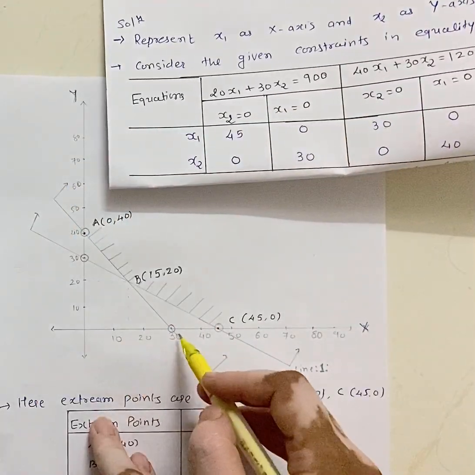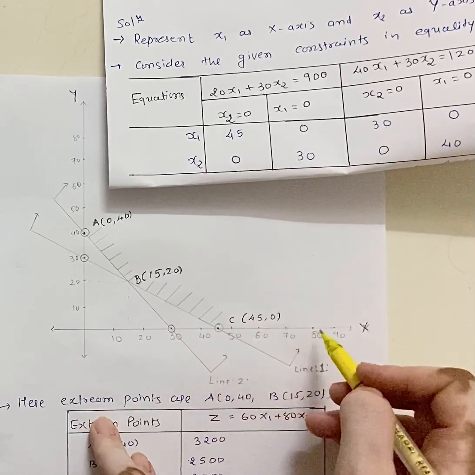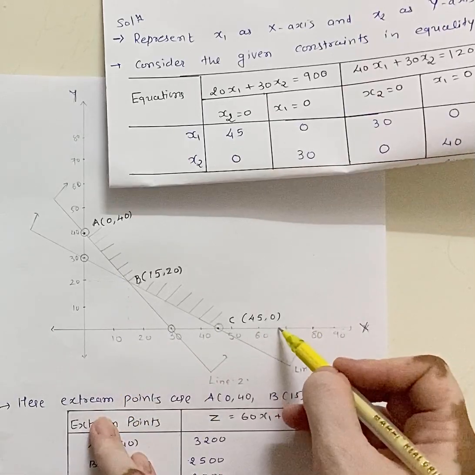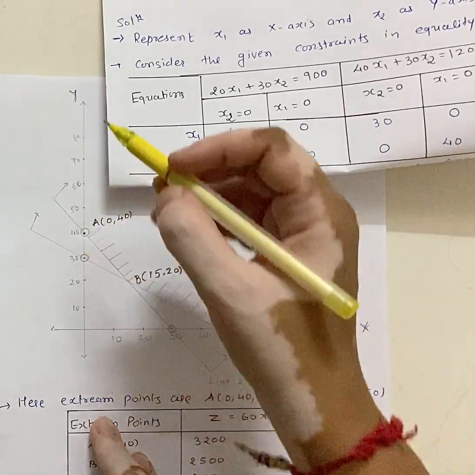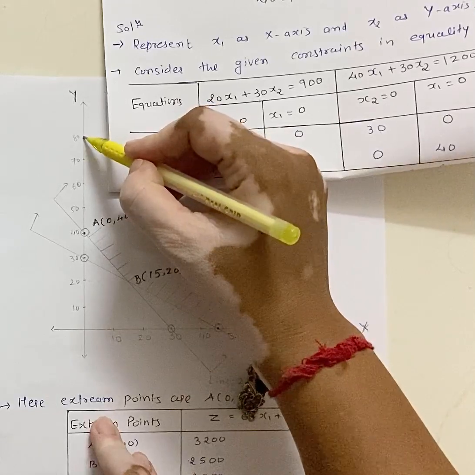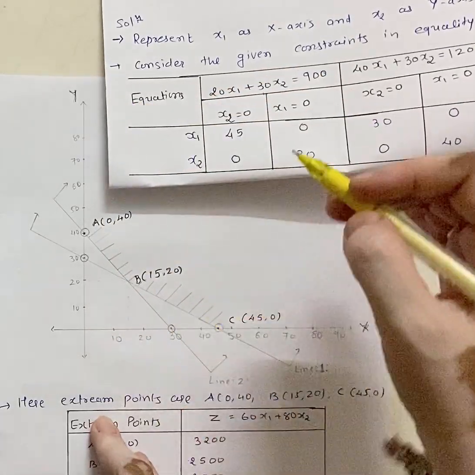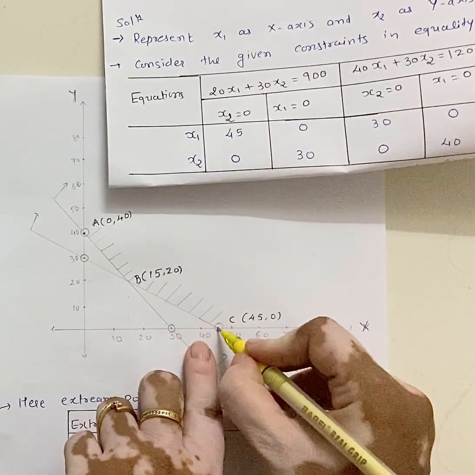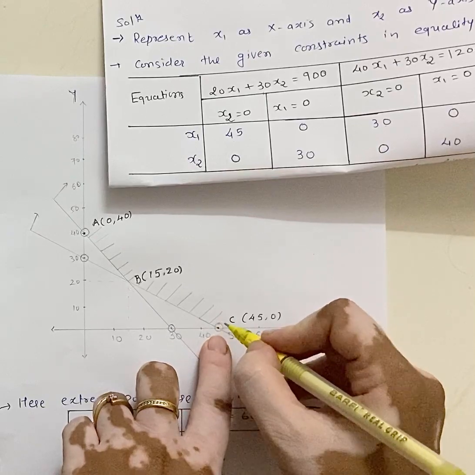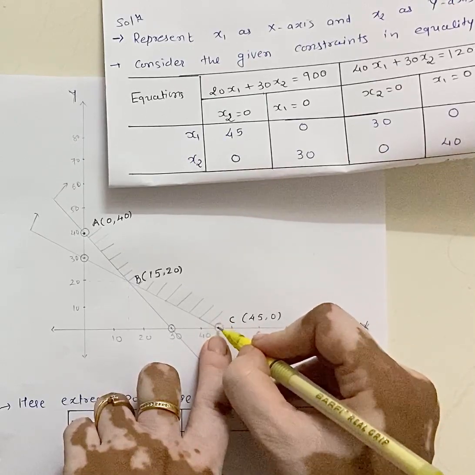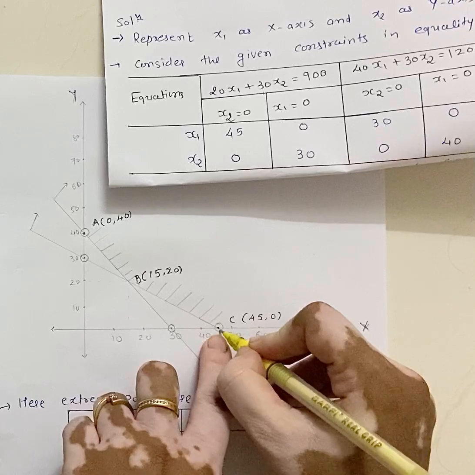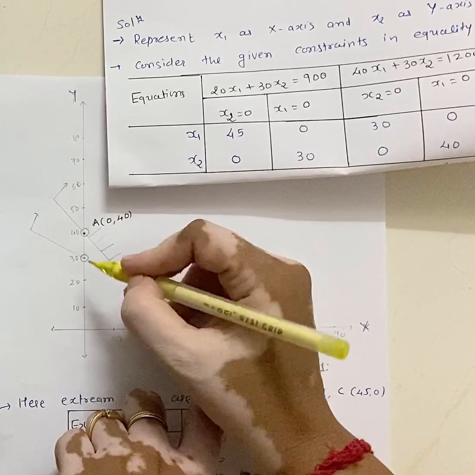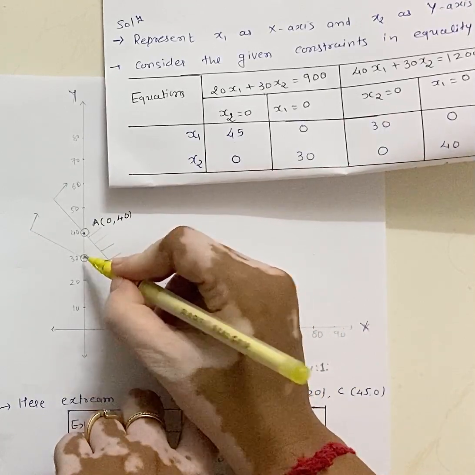So 10, 20, 30, 40, 50, 60, 70, 80 and 90 are on the x-axis, and 10, 20, 30, 40 up to 80 are on the y-axis. The first point is 45, so between 40 and 50 we draw one point here. Its y-coordinate is 0 and its x-coordinate is 45. The second point has x equal to 0 and y equal to 30, so it is 0, 30.